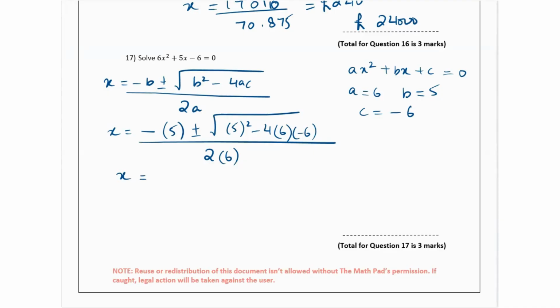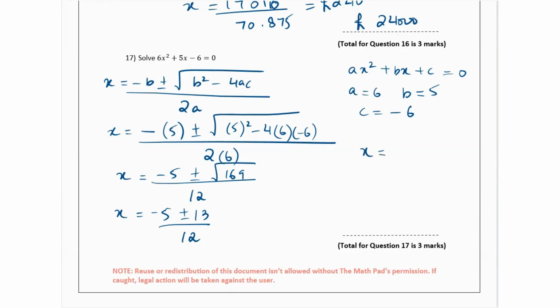So that's going to be 25 plus 4 times 36, which is 169. 169 is a square number because it's square of 13. So negative 5 plus minus 13 over 12.